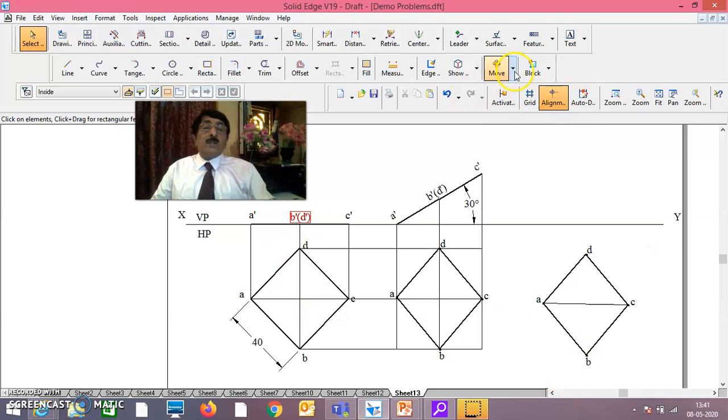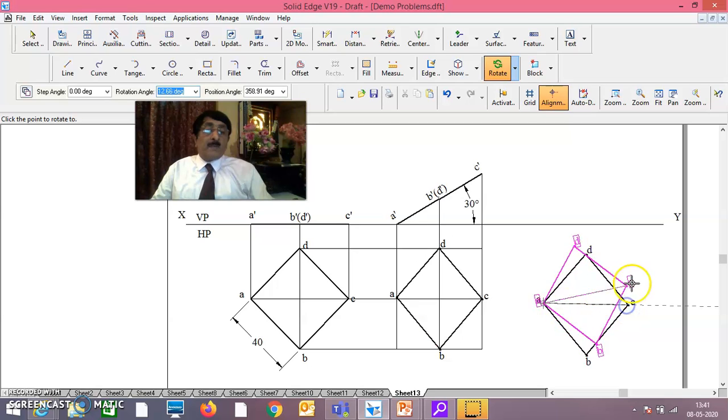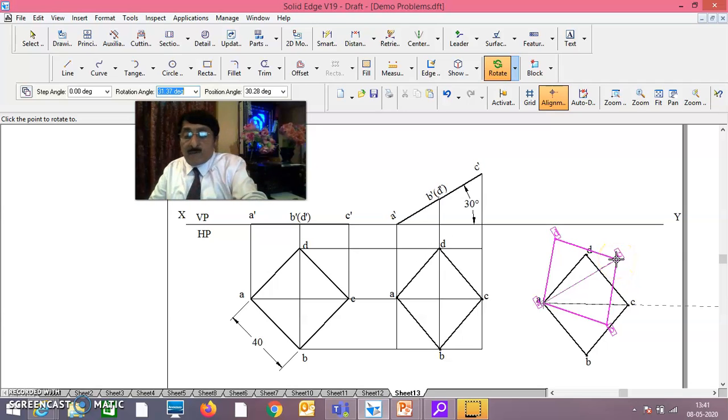Now what I'll do, I'll go for rotate, and I'll not copy, with this as the fixed point and this as the moving point.